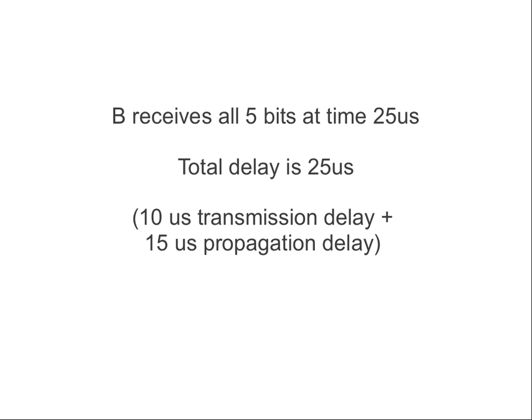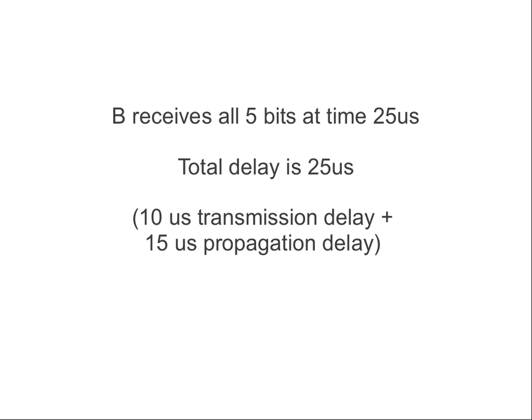So in such a question you need to calculate the transmission delay and propagation delay for each link. Twice in this case. Let's say, I can't remember the question, but if C processes and then sends back a response, again, the time to transmit and propagate in this direction must be calculated.